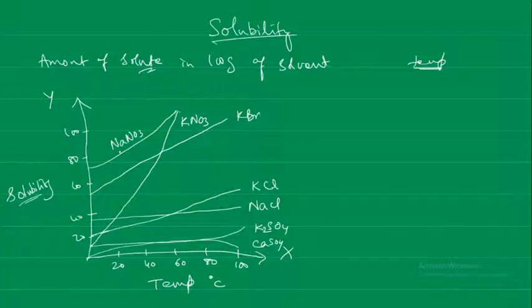Now, what are the factors affecting solubility? Okay, one is the size of the solute. Smaller the size of the solute particle, the larger surface area it will have and more easily it will dissolve.